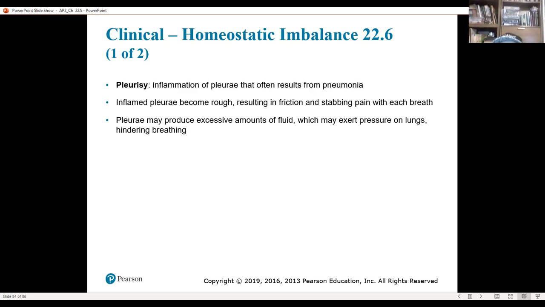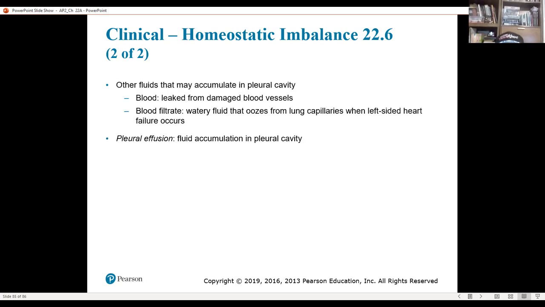They no longer move past each other easily. It hurts to breathe. Every breath will give you stabbing pain. The pleura may also make excess fluid, which can squeeze the lungs as it fills up that space, making it really hard to breathe.